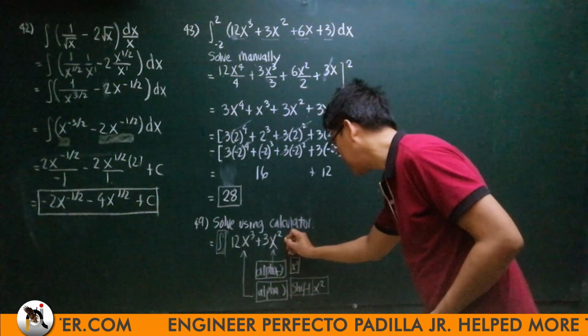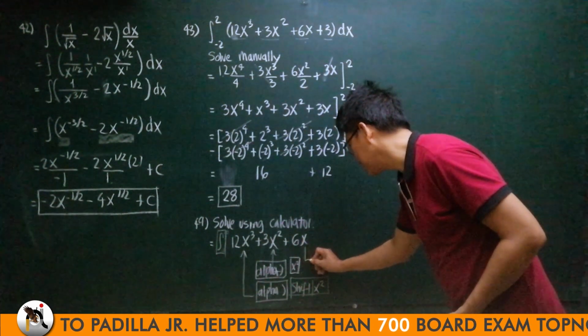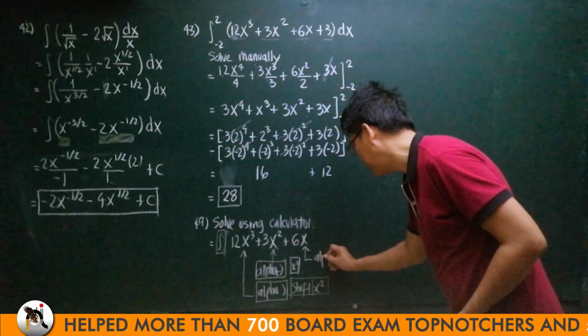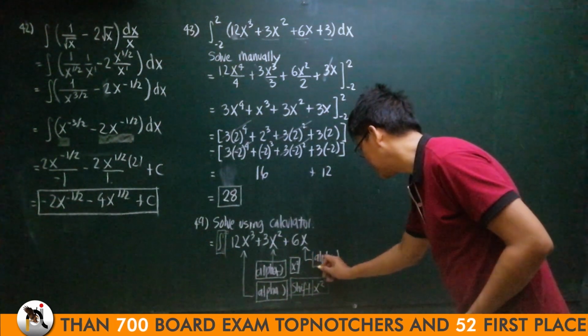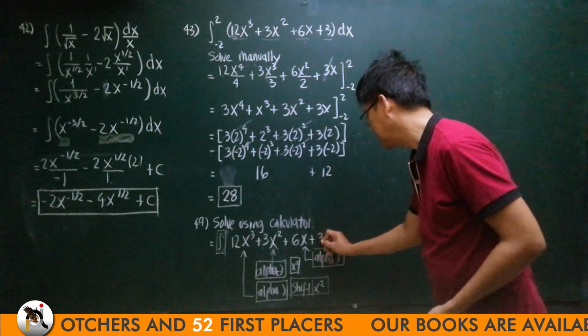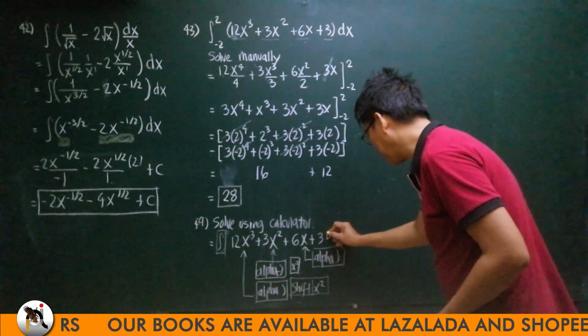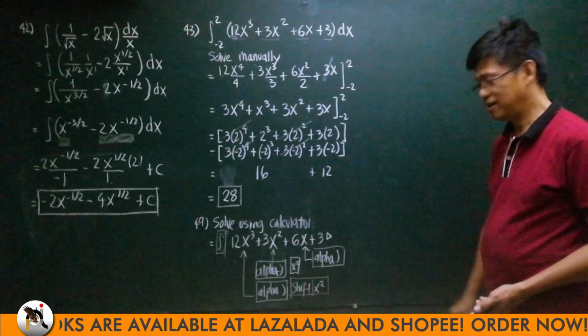Then plus 6x. X of course is alpha close parenthesis. Okay? And then plus 3. So then press your right arrow key.